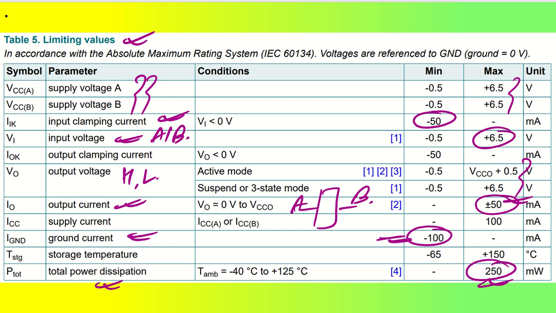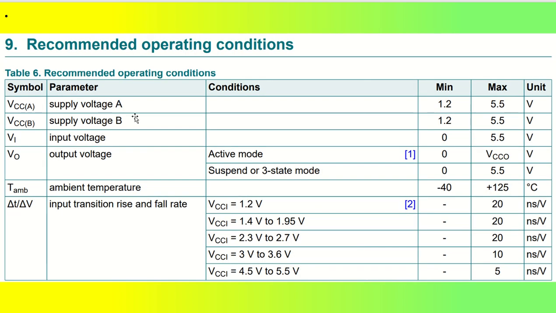Let's talk about recommended operating conditions. So this was absolute maximum ratings, or limiting values. Once we talk about recommended ones, you can see the supply voltage is limited to 1.2 volt minimum to 5.5 volt maximum. So you can work with, let's say, 3.3 volt logic very easily, or 5 volt logic very easily.